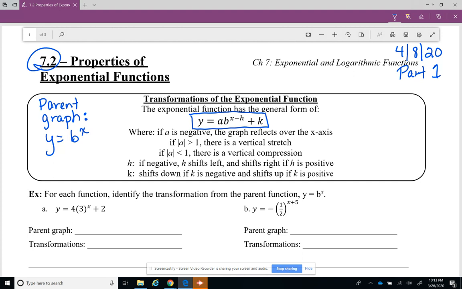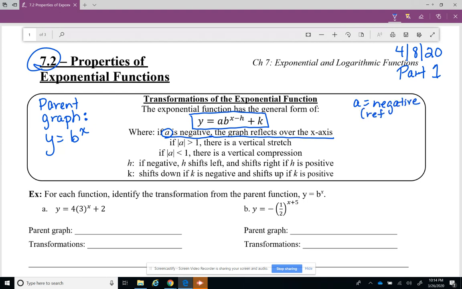Okay, let's look at a first. A, when we were talking about it yesterday, was the y-intercept. If a is negative, then the graph is going to be reflected over the x-axis.